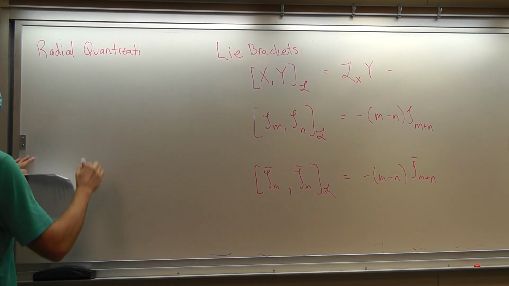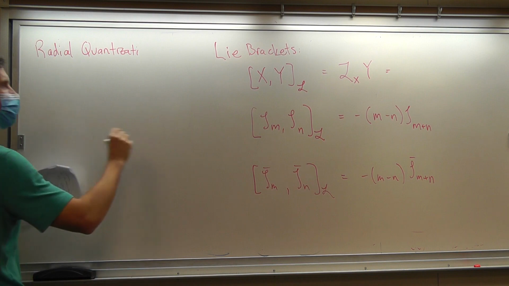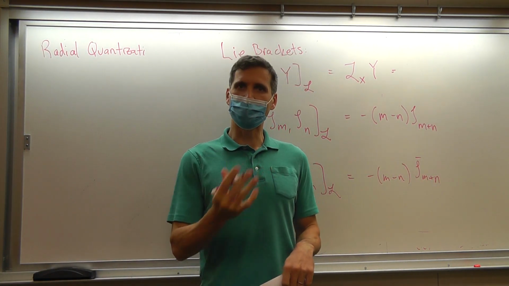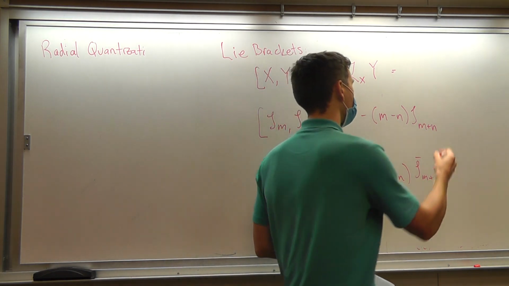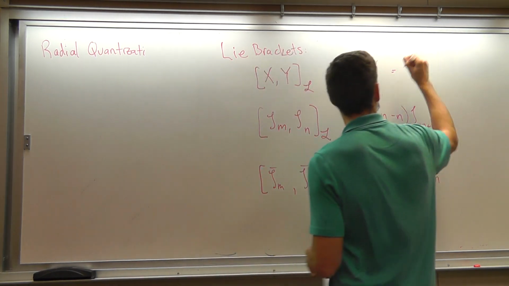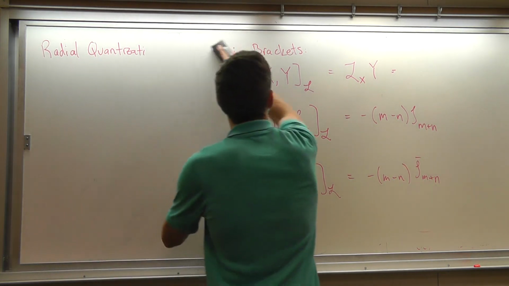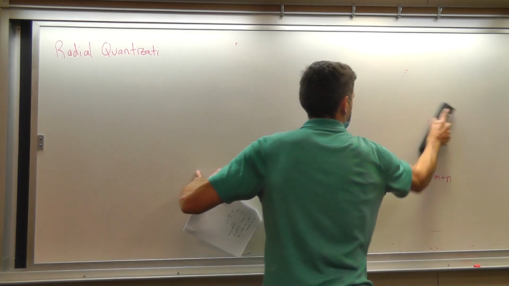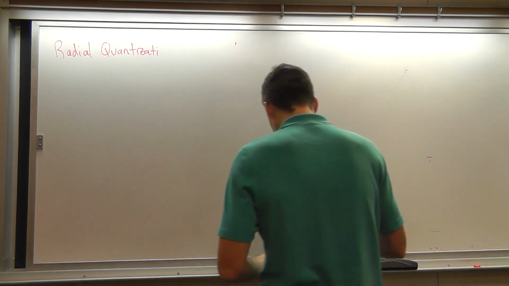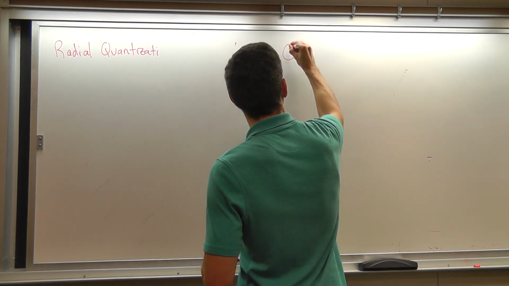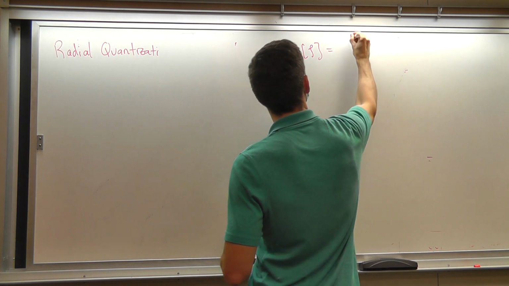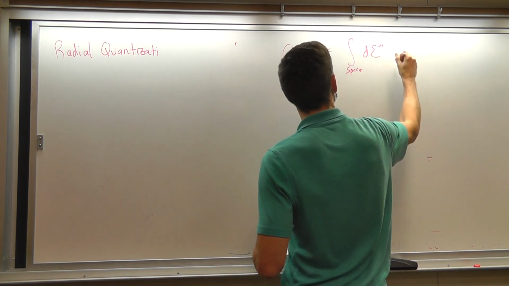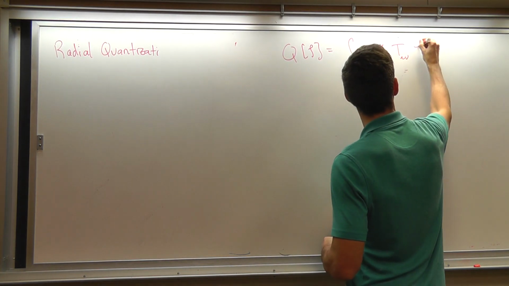Sorry, I forgot to say something. So, okay, forget I said radial quantization for a minute. I want to talk about the charges now. Okay, so remember that the charges are Q of zeta is the integral over space, d sigma mu, T mu nu, zeta nu.